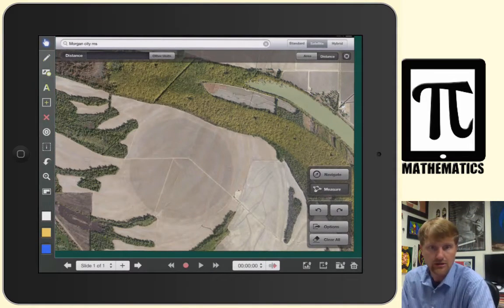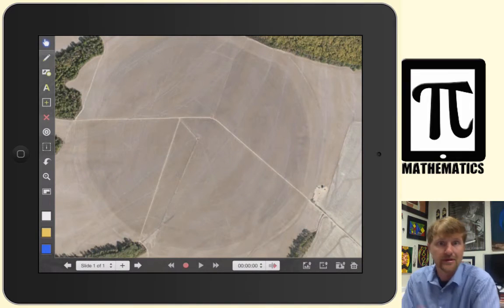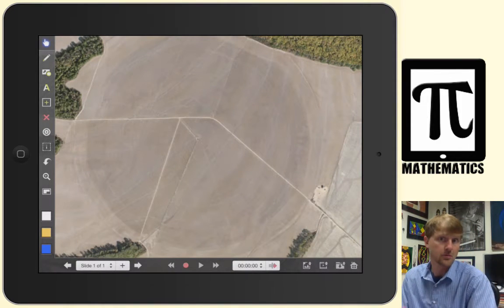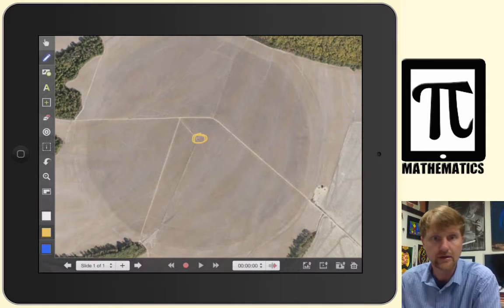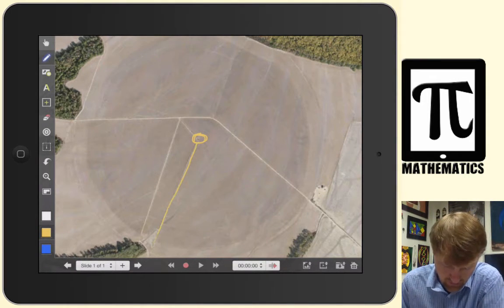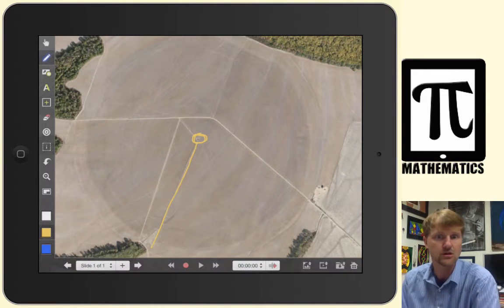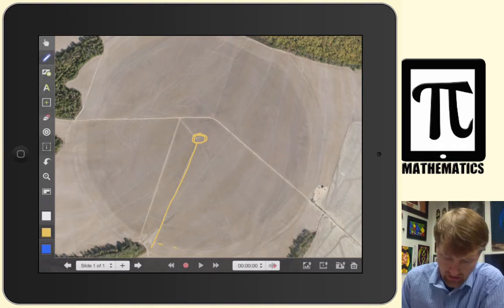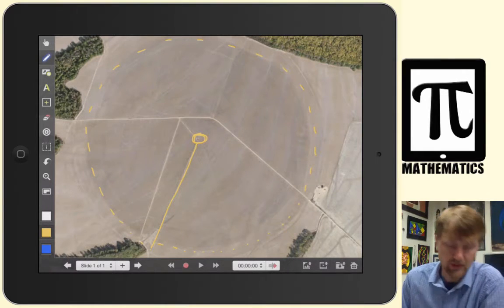If you can notice, this piece of property right in here has been irrigated using a center pivot. Here it is, the pump right in here, right in the center of the property, and then the pivot is a long line of different attachments, a long sprinkler system, and it is rotated around and made this circular area that has been irrigated.